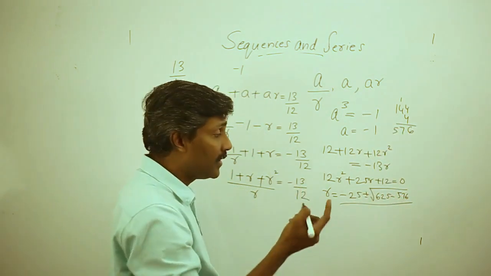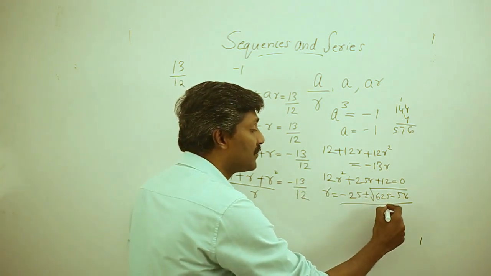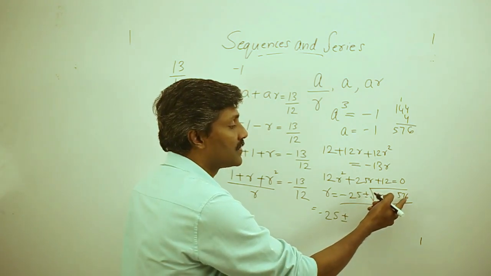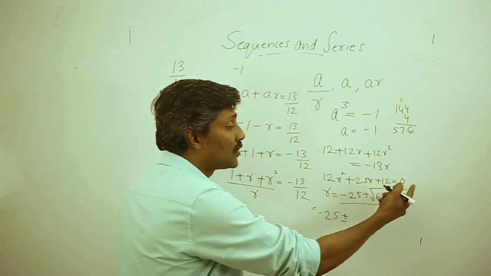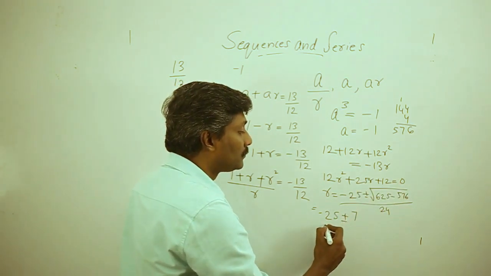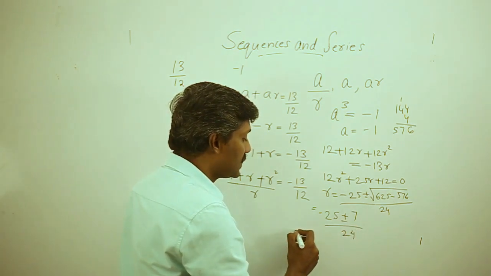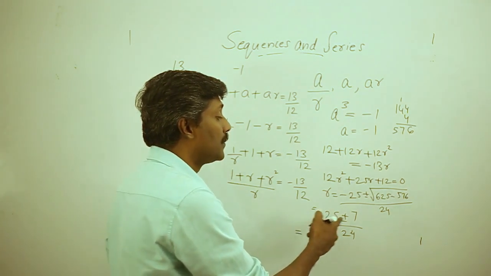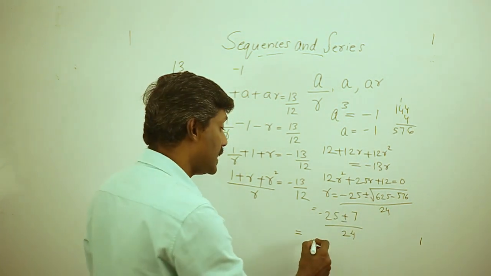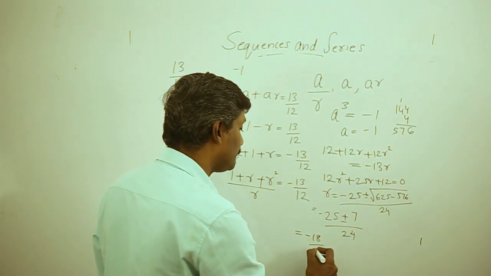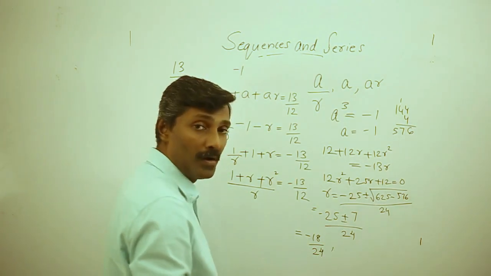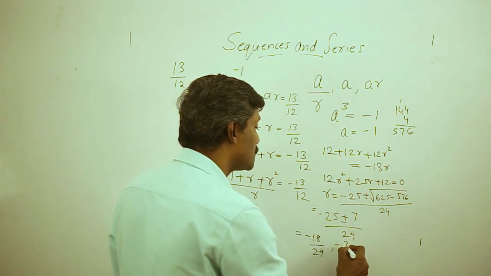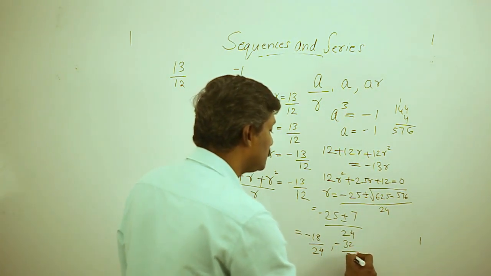Divide by 2a, a is 12 here, so 2a is 24. The difference gives you 49, and the square root of 49 is 7. So this becomes minus 25 plus 7, which is minus 18 by 24, or minus 25 minus 7, which is minus 32 by 24.